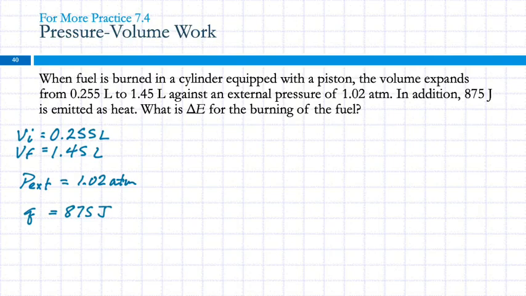Q is going to be positive or negative? We're looking at the fuel, right, and it's emitting, it's losing energy, and so we need to specify that Q is negative 875.